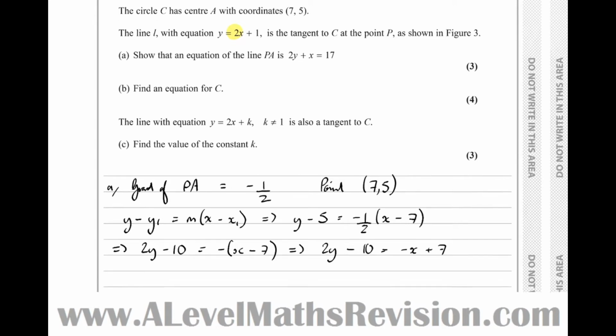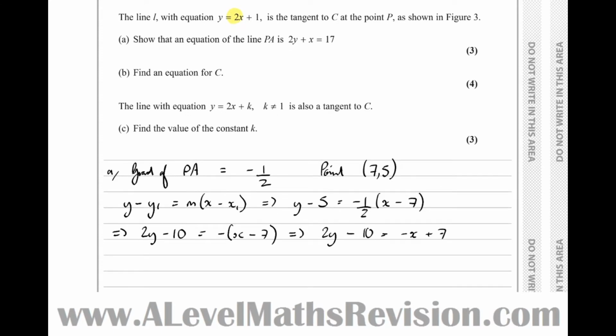We're almost there. So add x to both sides and add 10 to both sides. Therefore, we get 2y plus x equals 17 as required.